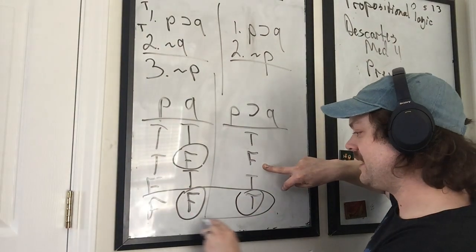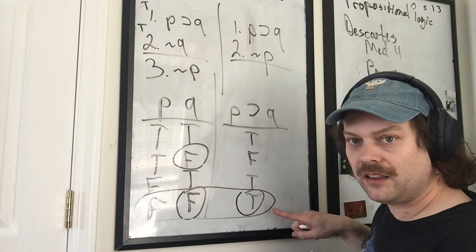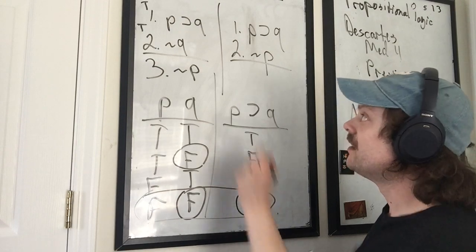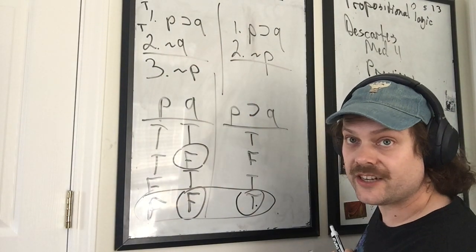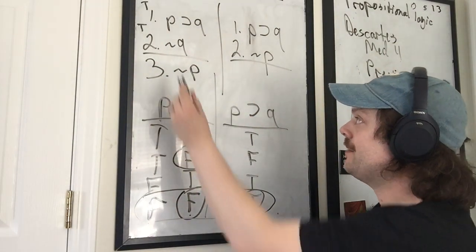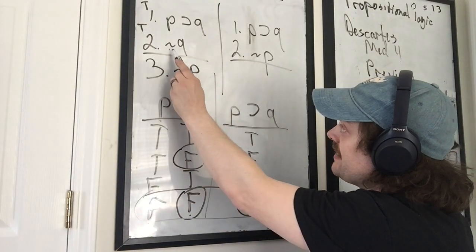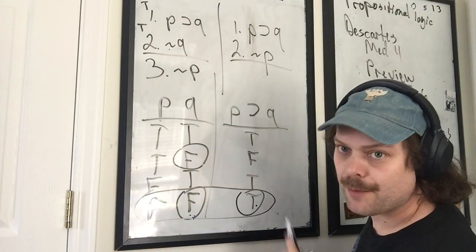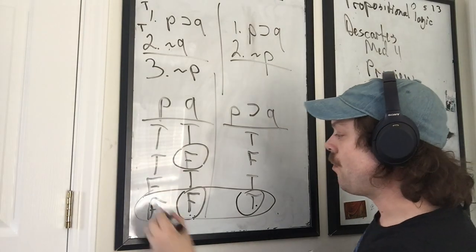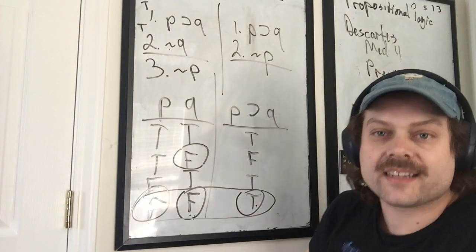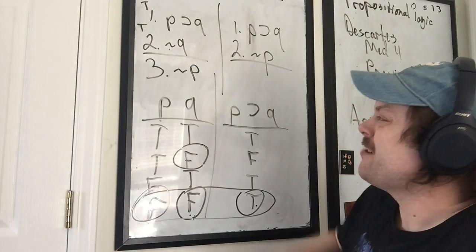So look, this is the only model that has the first premise being true, the conditional being true, and the second premise being true, right? Not Q being true. Happens when Q is false. So what do we learn about P? P has to be false too. We're not going to write P as false.